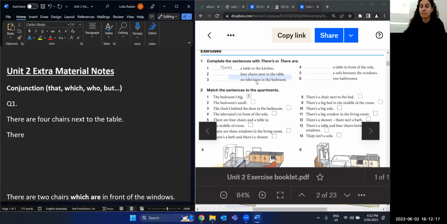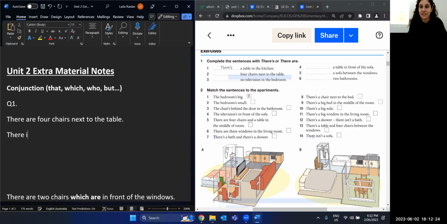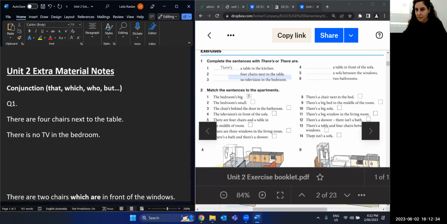It's only one. Television is just one. So what would I say? There is no television. Yeah, there is no television in the bedroom. I think image B, there's no television in the bedroom.